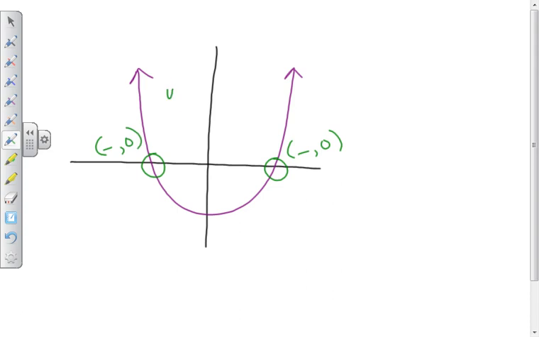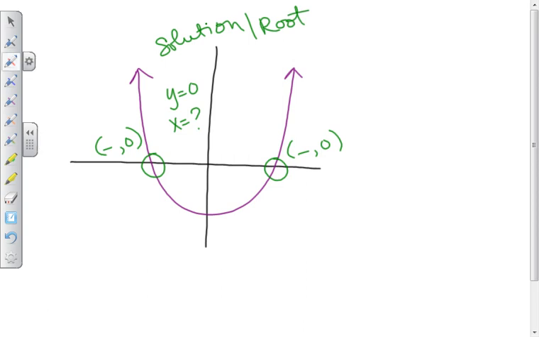So we really let y equal 0, and we want to know what x is. That is the solution or the root and what we're after. And so we are after what the x value is at these points where it crosses the x-axis. So when we're doing all of these solving problems, that's what we're going for, is where does it cross the x-axis, because the behavior of the graph changes.